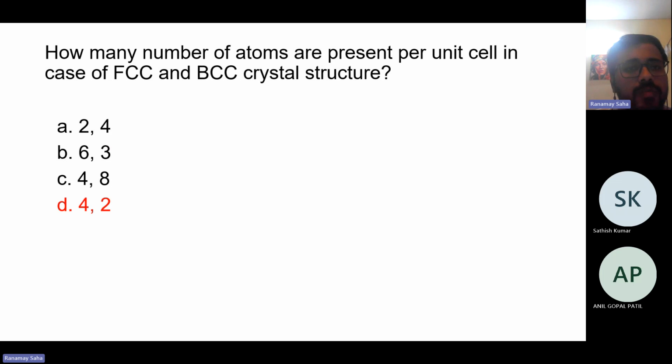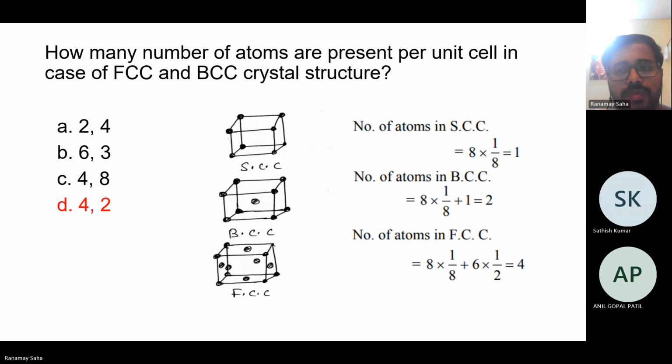Next, how many atoms are there per unit cell in case of FCC and BCC crystal structure? Again, we discussed this in the last class.